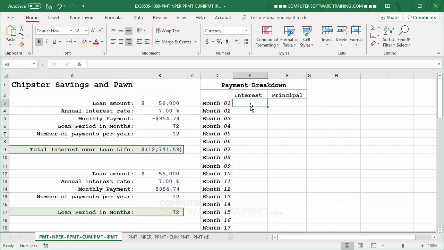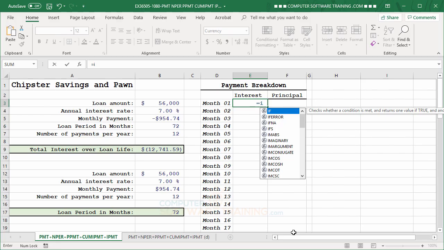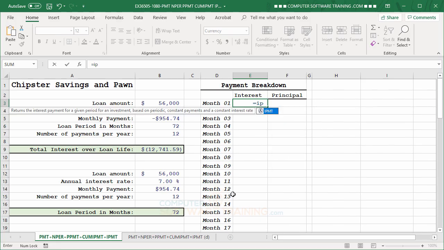So we'll click onto here. We'll type in equal, and then IP, and you'll see IPMT. Now, first of all, it wants to know what the interest rate is. So we're going to click onto the 7% there, and of course, divide it by 12, comma.